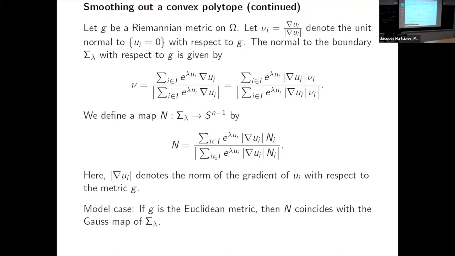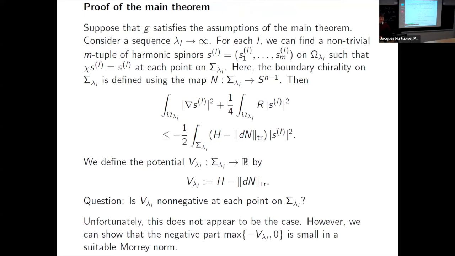And so the motivation is that in the model case, when G is the Euclidean metric, the nu i's coincide with the n i, and then this capital N reduces to the Gauss map. So I'm cooking up this map in such a way that in the model case, it reduces to the Gauss map. Okay, and so then this is homotopic to the actual Gauss map of sigma lambda, which means I can solve the Dirac equation subject to the boundary condition given by this map.